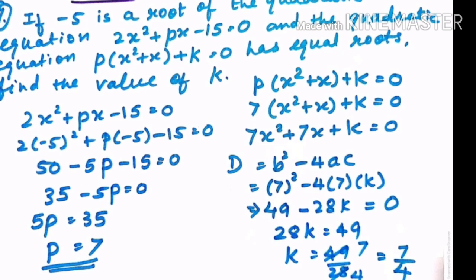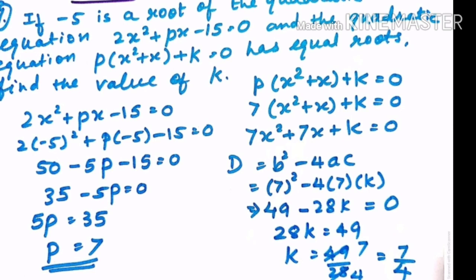As you know, b is 1, a is 7 and 4. b square minus 4 into 7 into k, that is 1 minus 28k is equal to 0. Now solving it, 28k is equal to 1 and k is equal to 1 by 28.